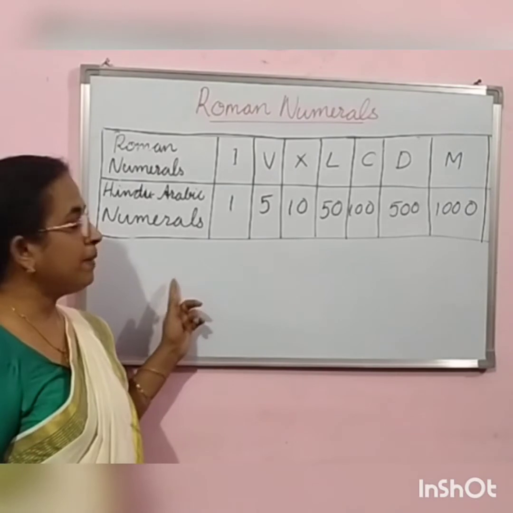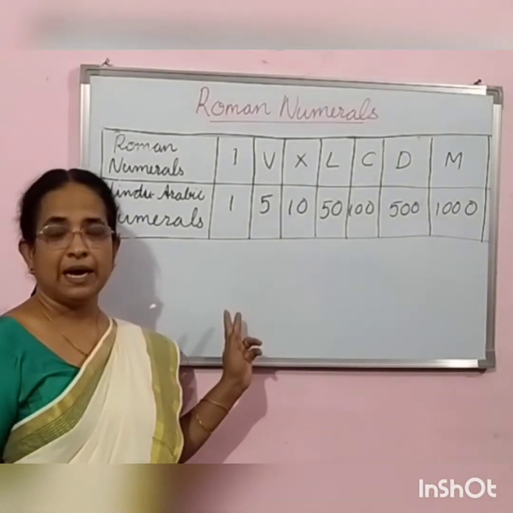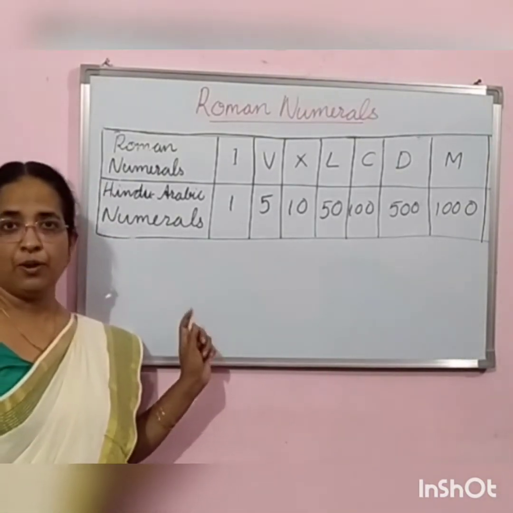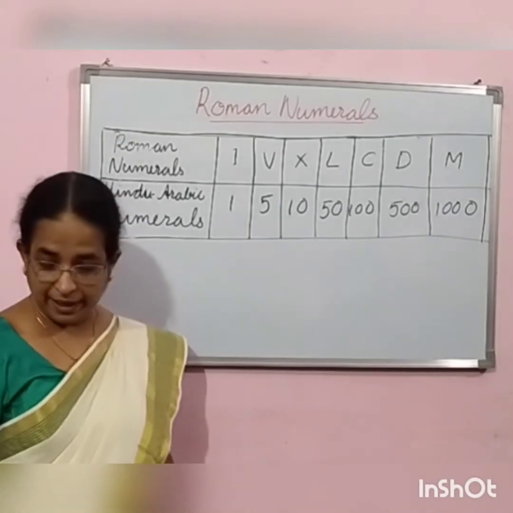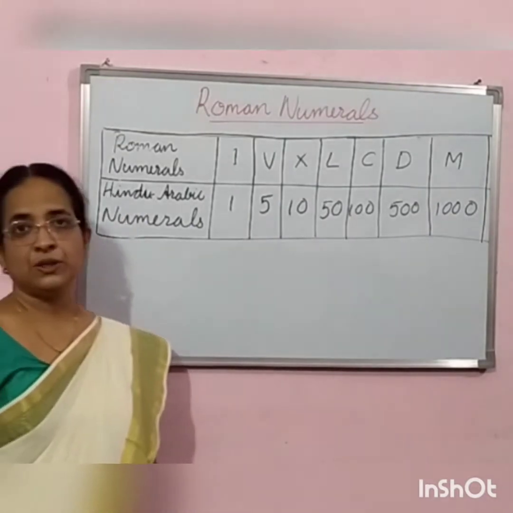Then we make the numbers. There are 4 rules. What is the first rule?